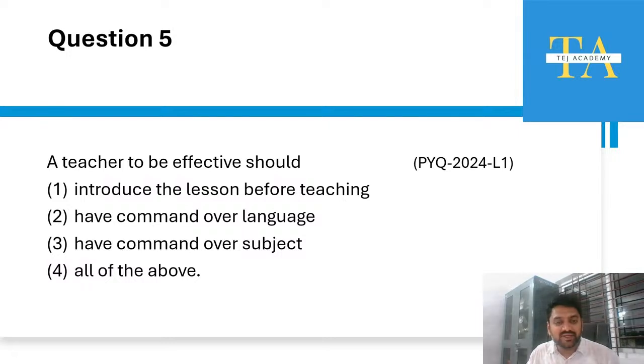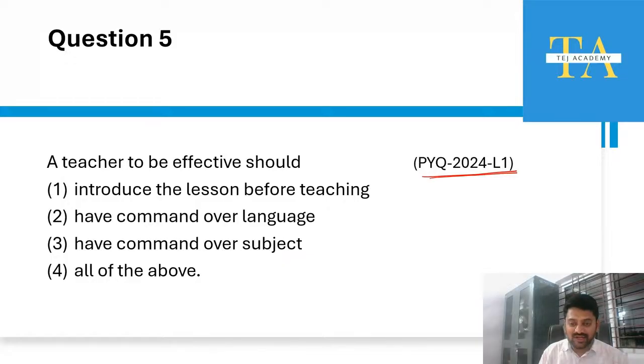A teacher to be effective should. This is a 2024 previous year question, last year's question paper. A teacher to be effective should introduce the lesson before teaching, have command over language, have command over subject, all of the above.